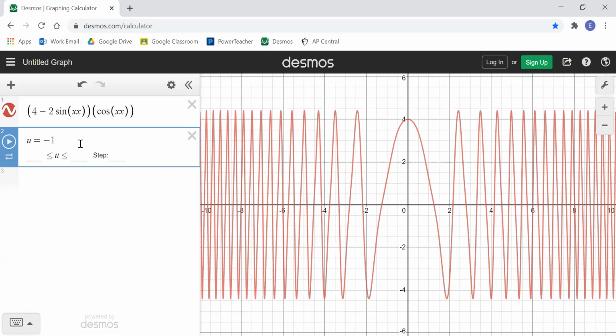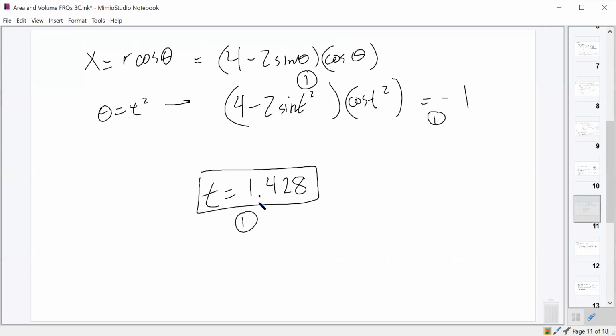That's a u, not a y. And they intersect for the first time at 1.428. And then after that, you find other places like 2.132, but that's not between 1 and 2, like it said in the problem, right? It said between 1 and 2, so 1.428. Everybody good there?